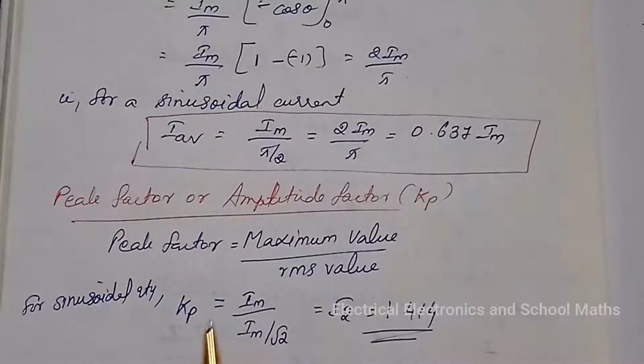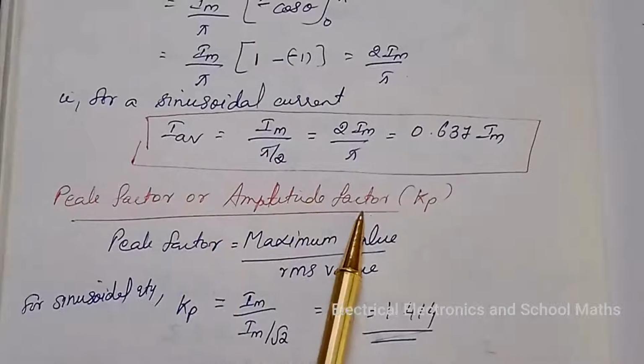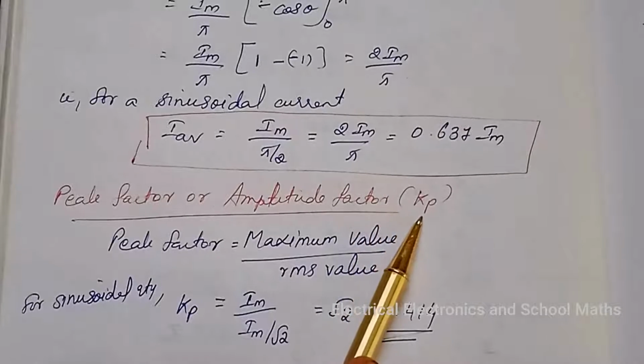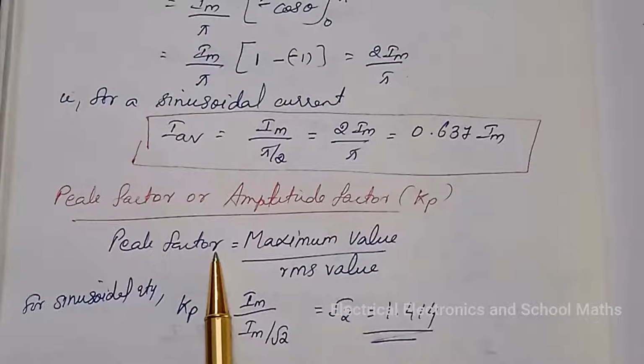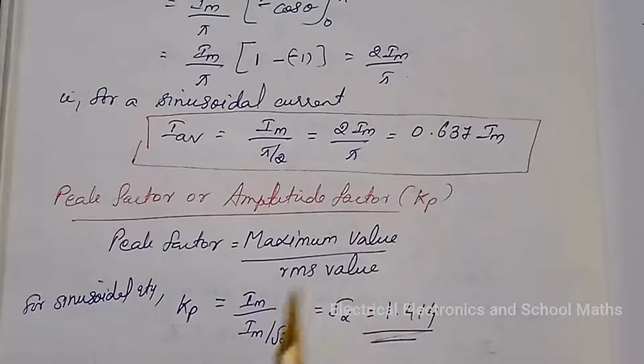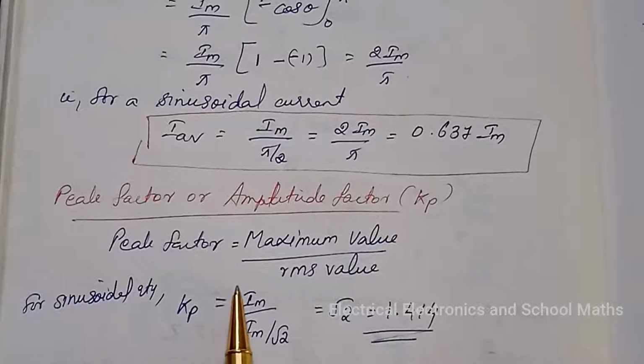Let us study the peak factor and form factor. Peak factor, or amplitude factor, is denoted by the letter Kp. The ratio of the maximum value to the RMS value of an alternating quantity is called its peak factor. For a sinusoidal quantity, Kp is equal to maximum value Im divided by RMS value Im by root 2. Then we get root 2, that is 1.414, as the peak factor for the sinusoidal quantity.